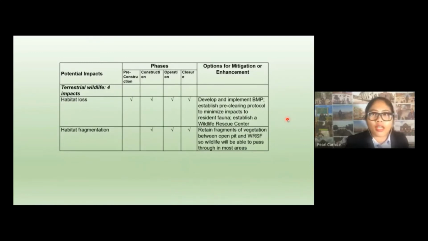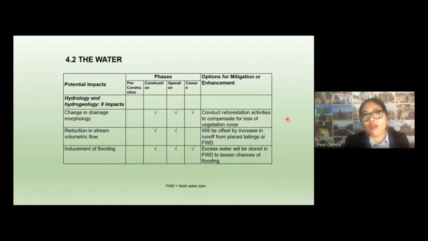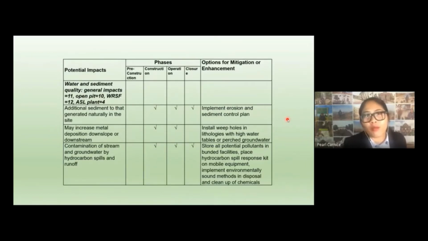They also classified 4 impacts to terrestrial wildlife, and also water, hydrology, and hydrogeology impacts. They also have an impact with water and sediment quality, which is one of the huge impacts when it comes to mining.